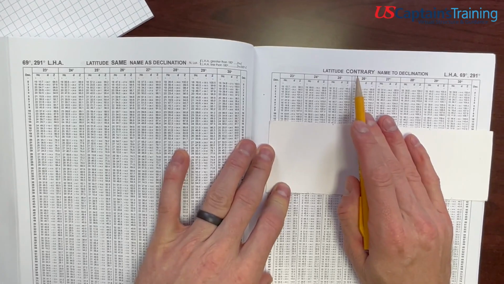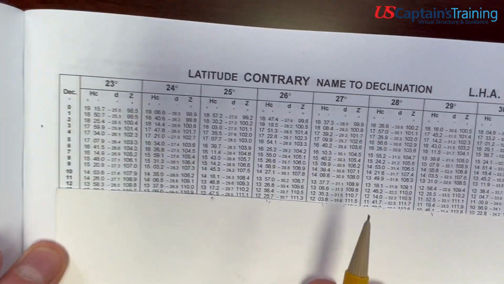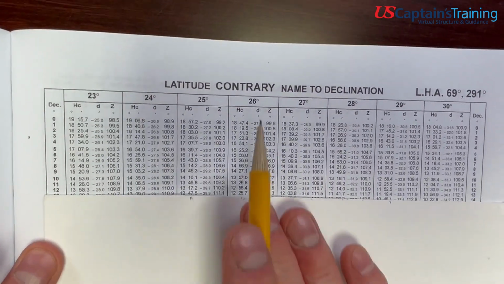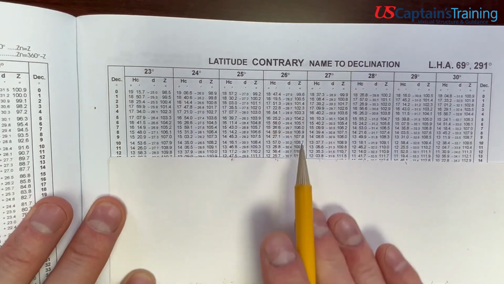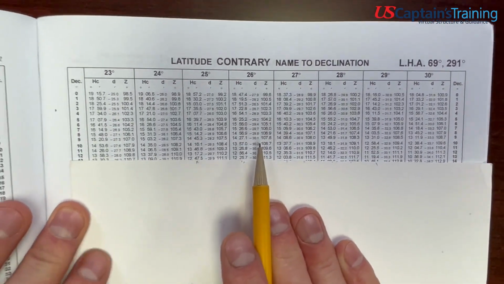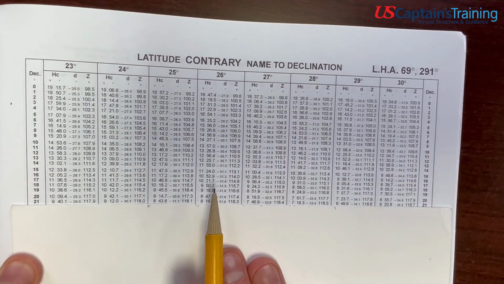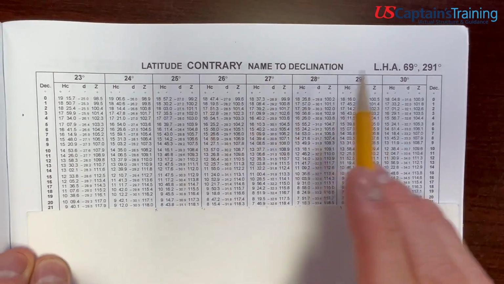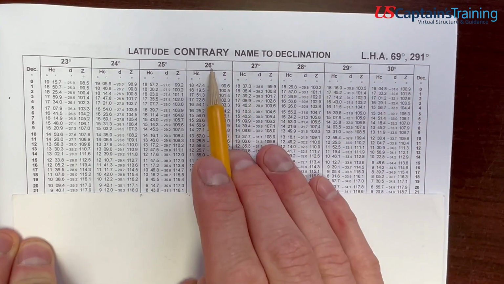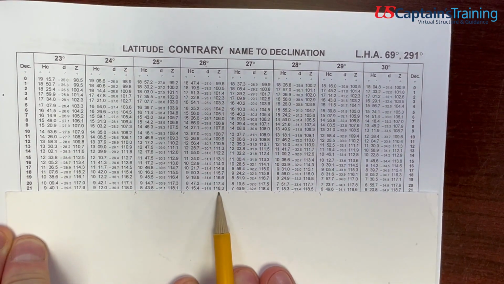We're on contrary 291 and 26. Here's the Z column, and we need a 21 dec. There we are. So we're contrary 291, 26, Z column down, 118.3.